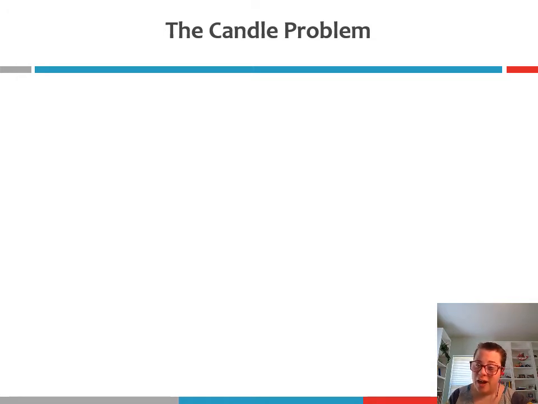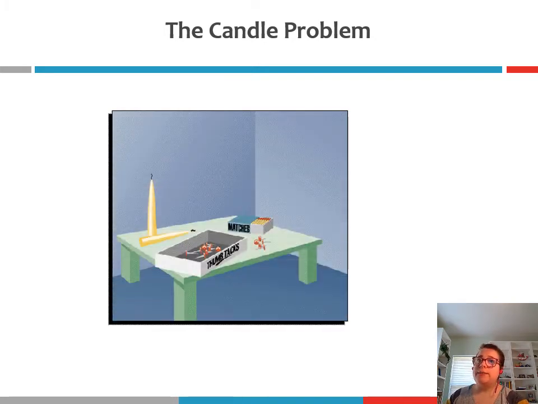All right. So the first problem I asked you to attempt to solve is something called the candle problem. This particular problem asks you to imagine that you are led to a room that contains a table.